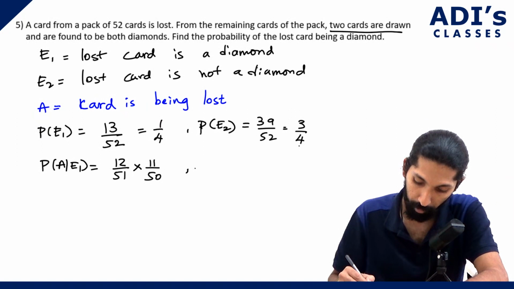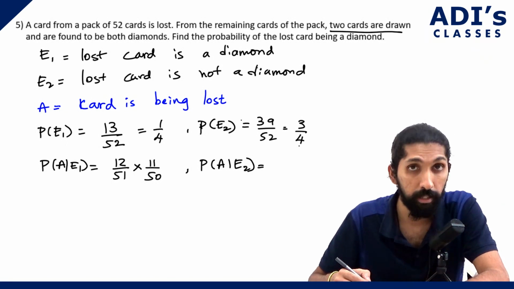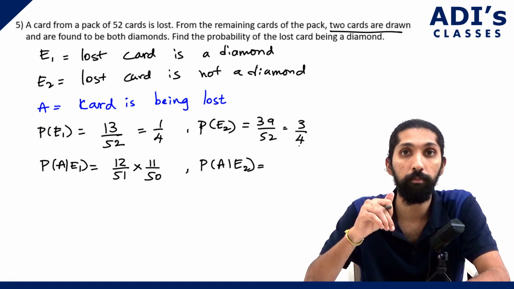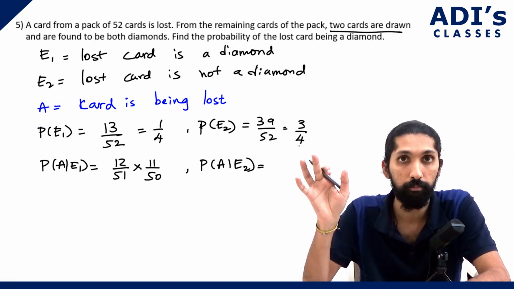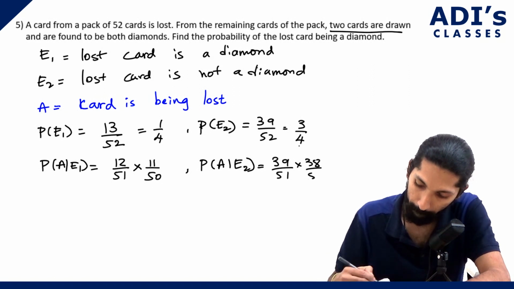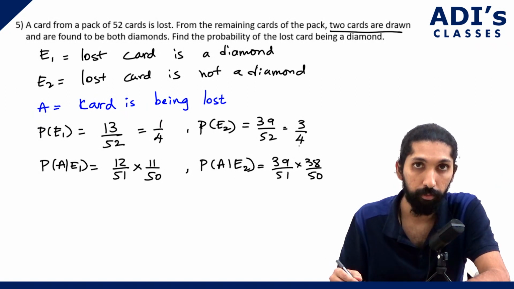Likewise, P of A given E2 is going to be, so first we have 39 cards, correct? But out of 39, we don't have 52 anymore, we have 51, because one card is gone. So what do we get? 39 by 51 into 38 by 50. This is P of A given E2, right?